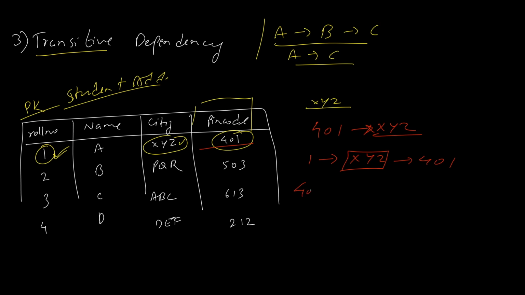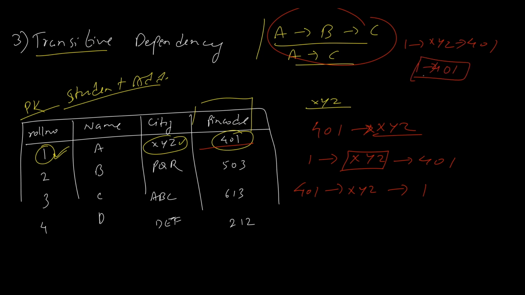Or if we have 401, we can get XYZ and 1 as well. In this same format, 1 is XYZ with 401. We can find 401 from 1, and both of these are non-key attributes. They are not primary attributes. This is called transitive dependency, which violates the normalization rules actually.